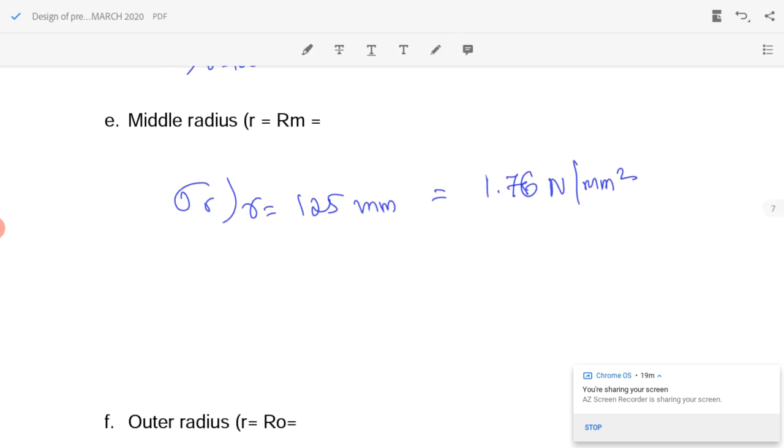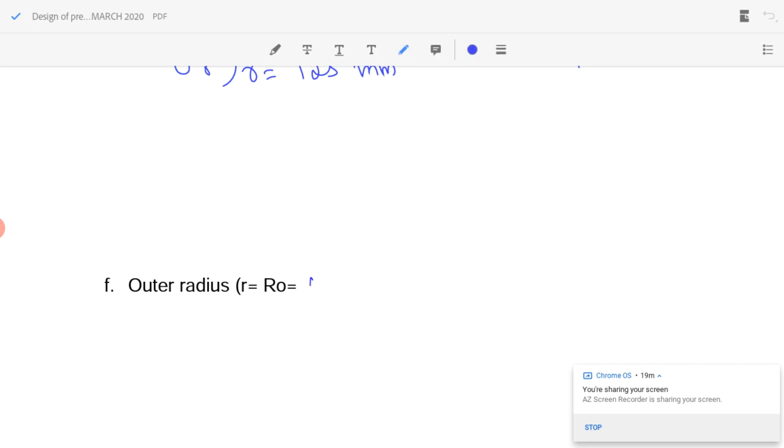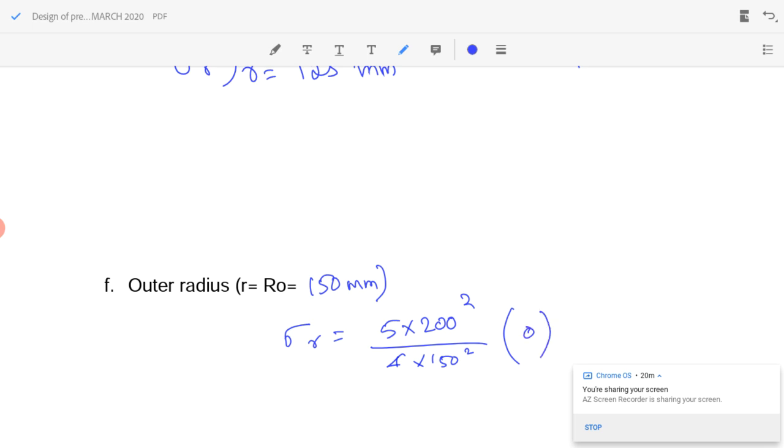In the next case, at the outer radius, RO equal to 150 mm, substituting the value of R, sigma R will be equal to 5 into 200 square divided by 4 into 150 square, multiplied by the remaining term, and you will get that value equal to 0 Newton per mm square.